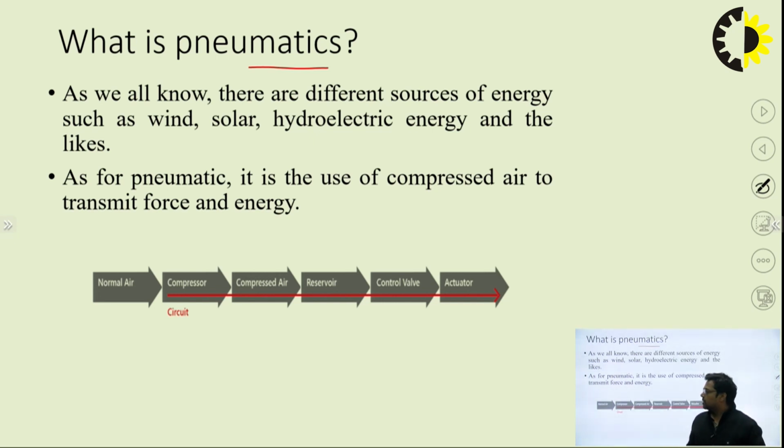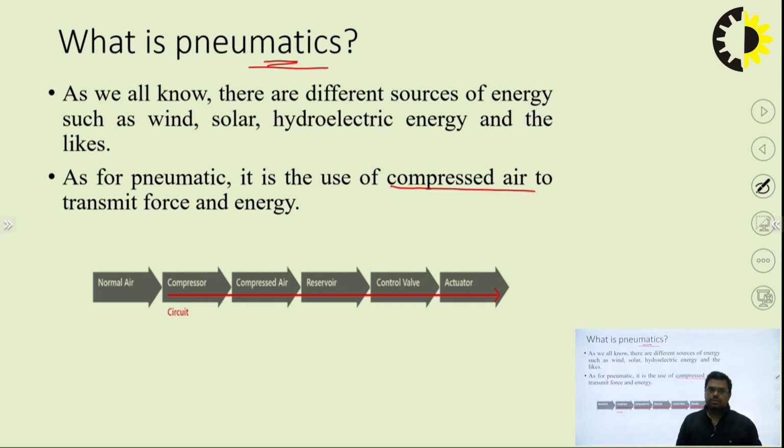Likewise this is pneumatic, where in the case of pneumatic the source is air. With the help of air we can transform energy, conversion of energy is possible, and that is the term pneumatic energy. In a pneumatic system we use compressed air.